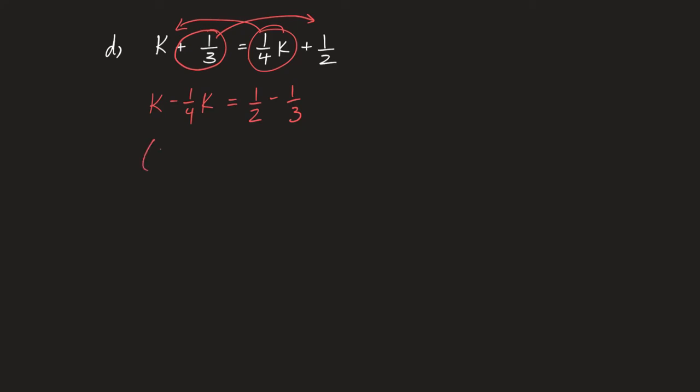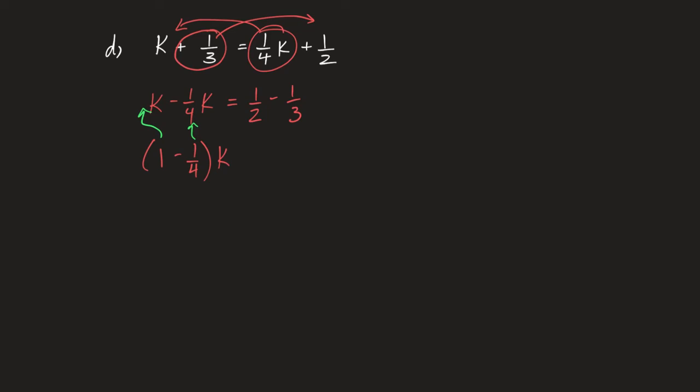I have my 1 from in front of this k, my 1k. And then I have my subtract 1/4 from in front of this k.